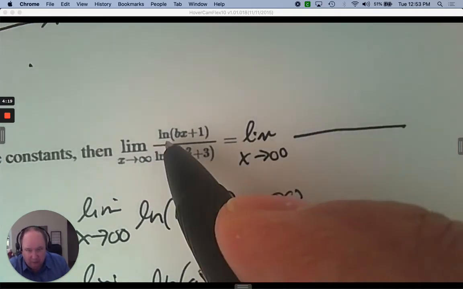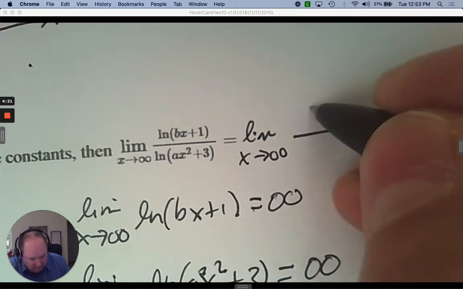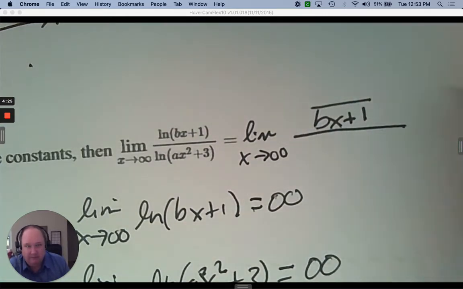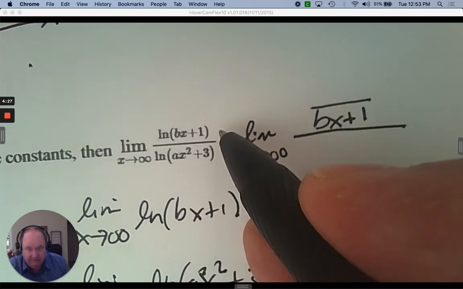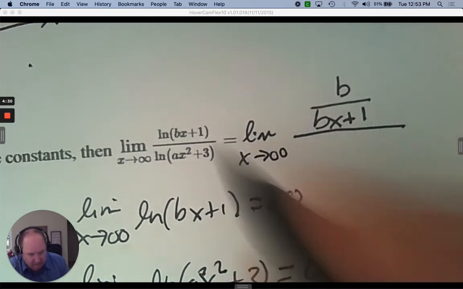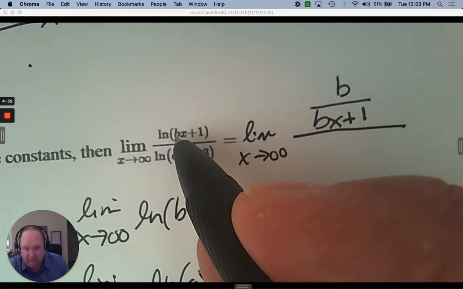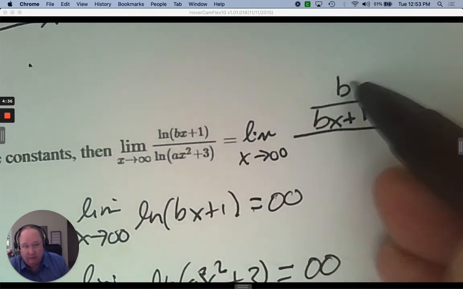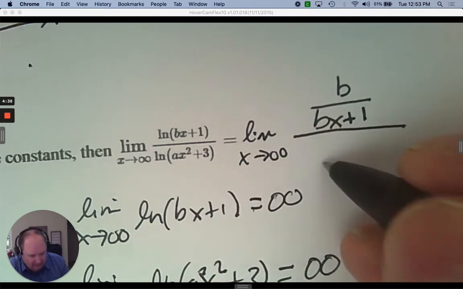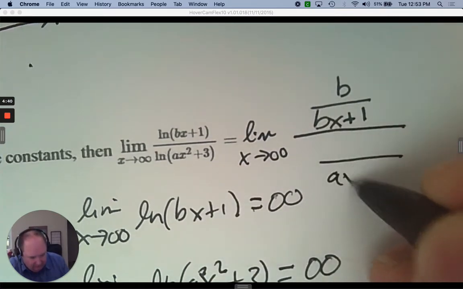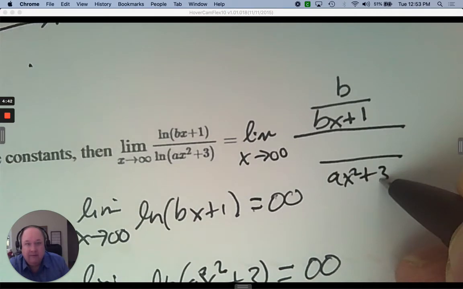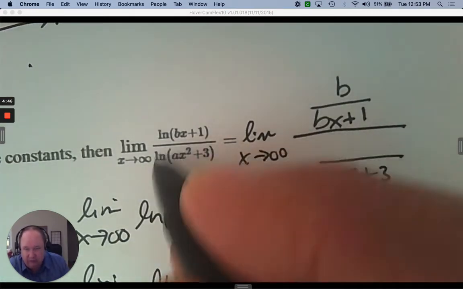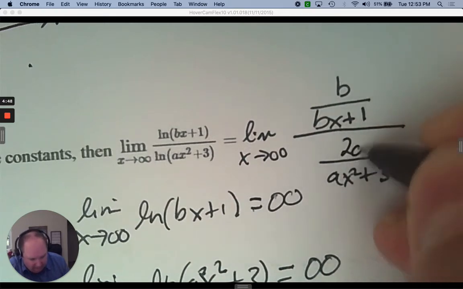So what's the rule for the derivative? So it's a fraction, so it's bx plus 1, and then the derivative of that is just b. So if b is a constant, the derivative of bx would be b, and the derivative of 1 is 0. And then the same thing for the denominator. It's ax squared plus 3, and then the derivative of that, well, you have x squared, so it's 2 times a, so it's 2ax.